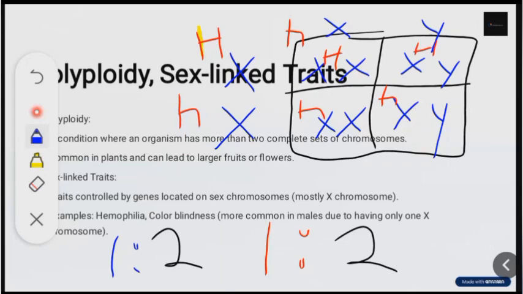That is 50%. Chances of giving birth to a boy without hemophilia is also 1:2. So we can now say the chances of giving birth to a male child that has hemophilia is 50%.